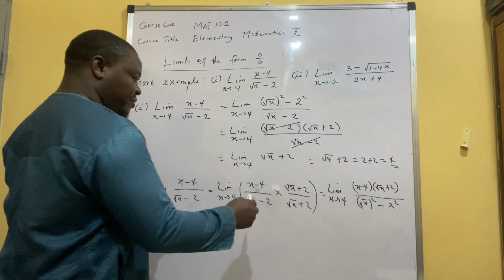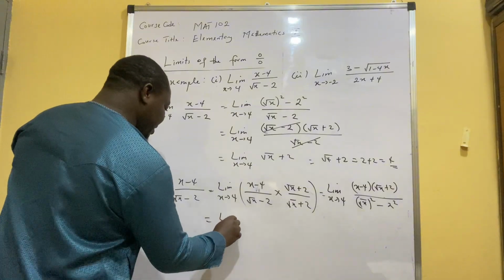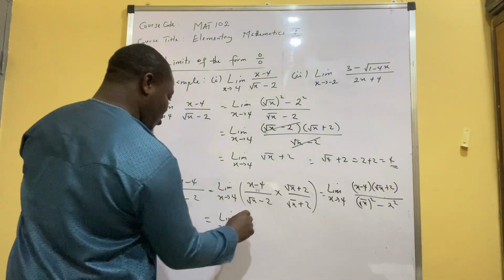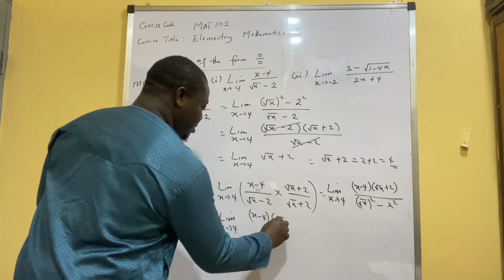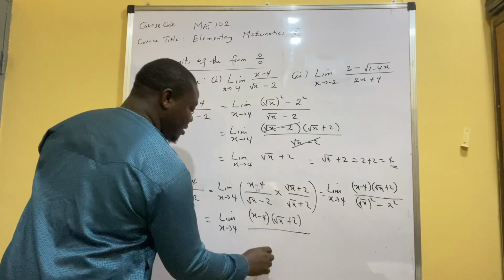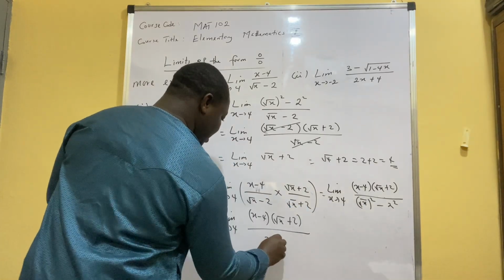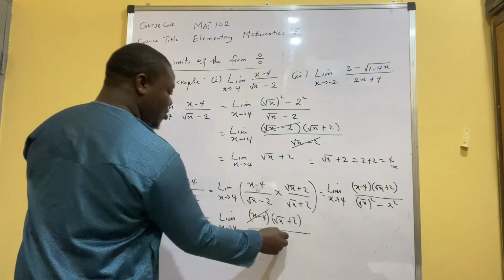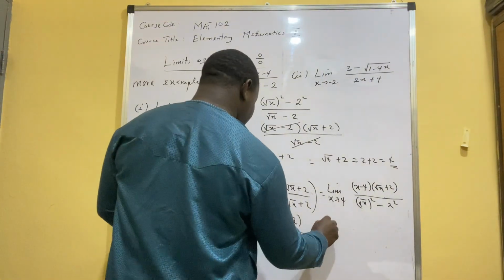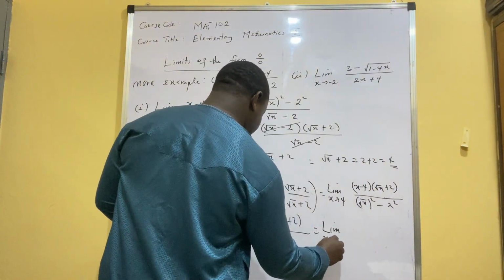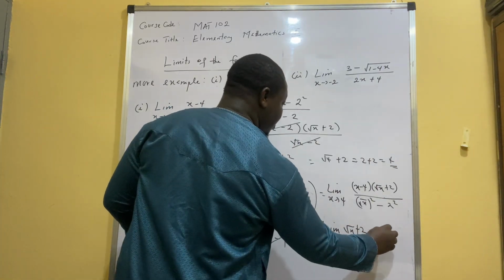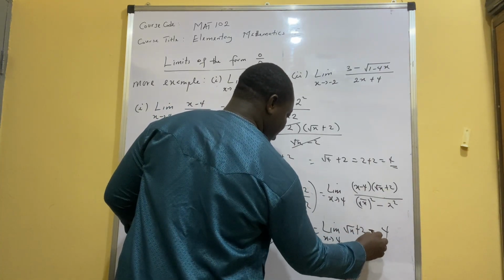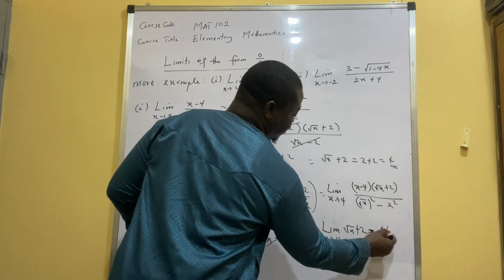If we simplify that, we have the limit as x tends to 4 of (x minus 4)(root x plus 2) divided by x minus 4, since root x squared is x and 2 squared is 4. The x minus 4 will now take care of x minus 4, and what we have left is the limit as x tends to 4 of root x plus 2. When you substitute, we simplify to 4.